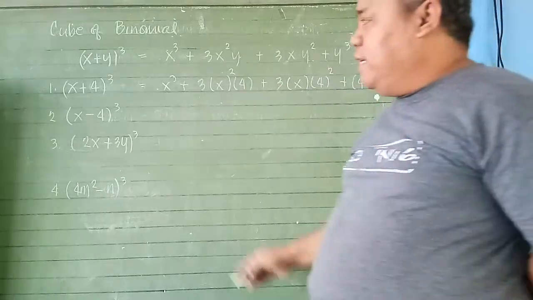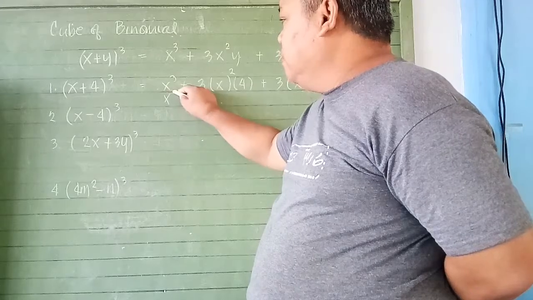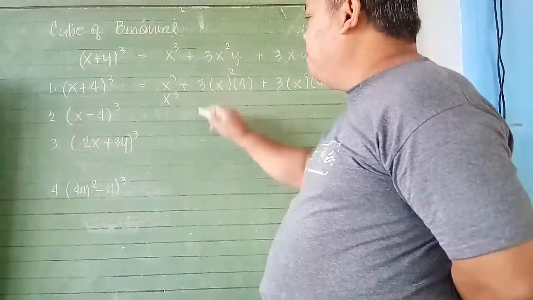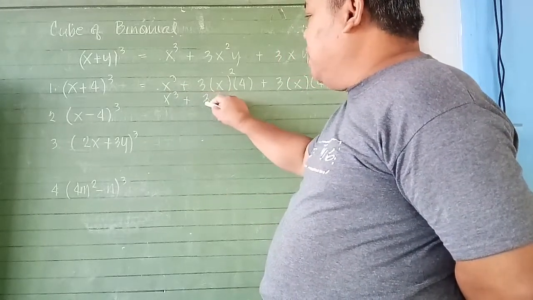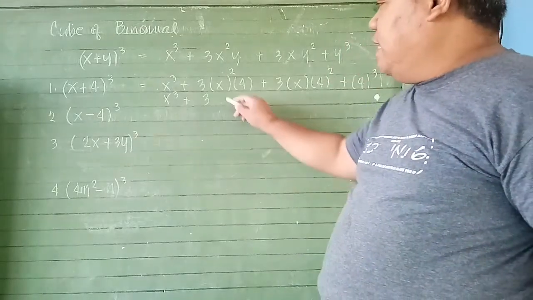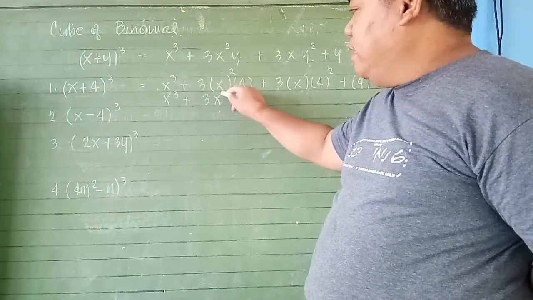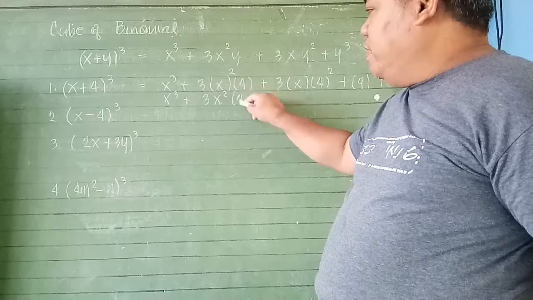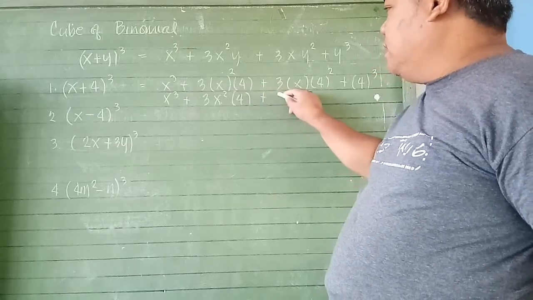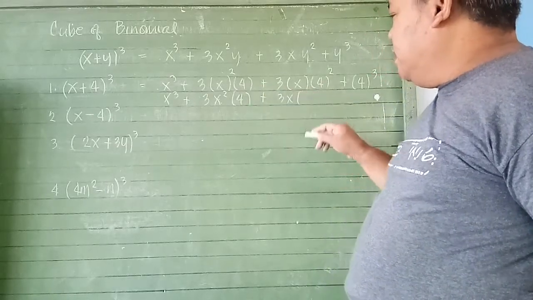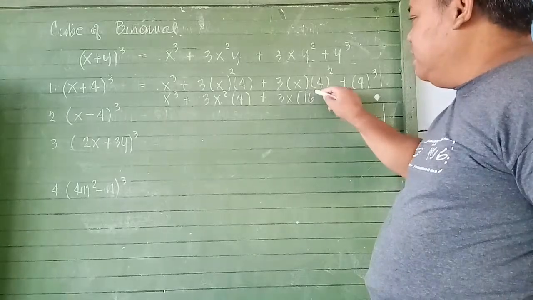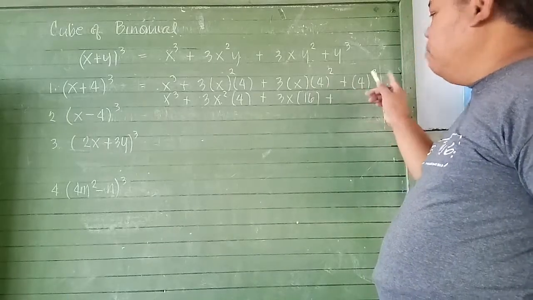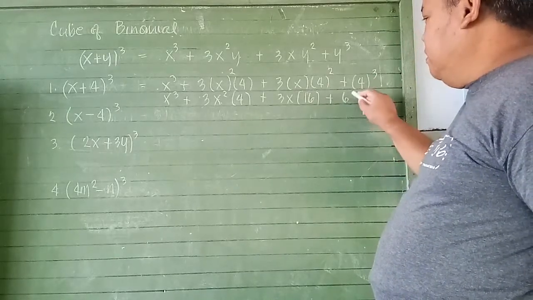Then let us solve. This is x cubed plus 3, that's 3, and this is x squared times 4, then plus 3x, then this is 16, then plus cube of 4 is 64.